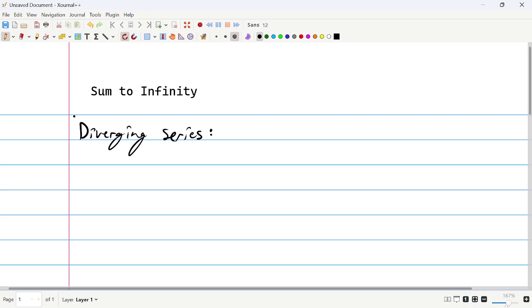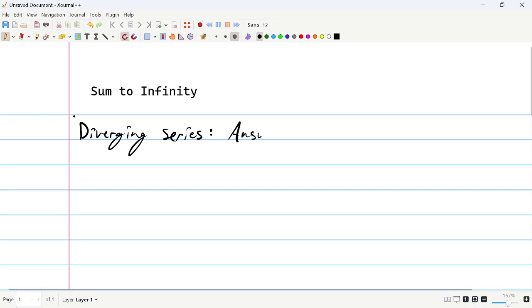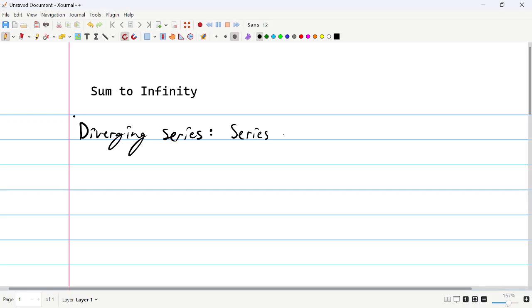So first things first, the series evaluates to either plus or minus infinity. So either positive infinity or negative infinity.